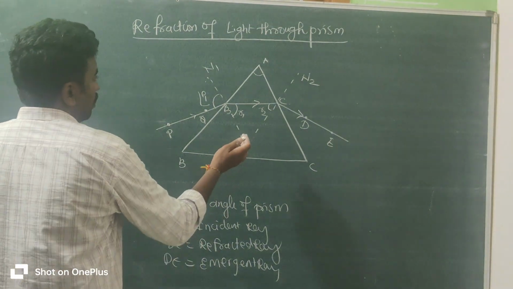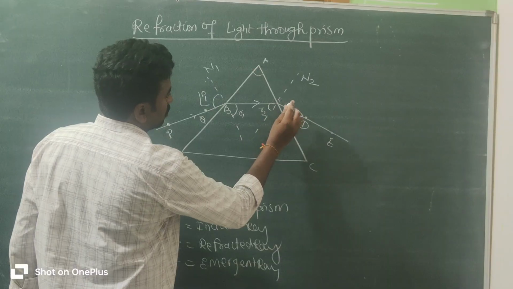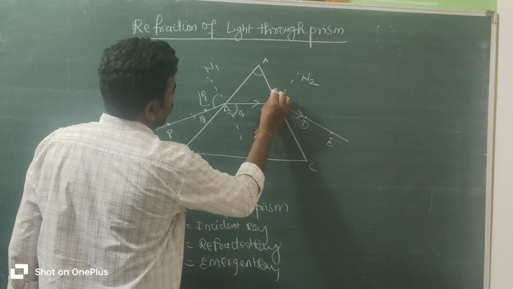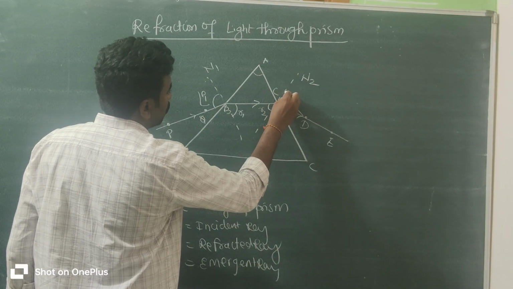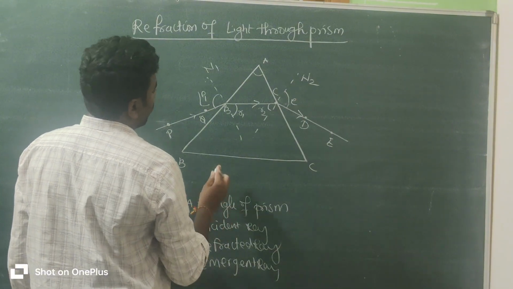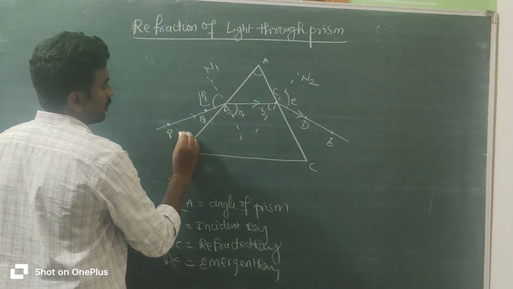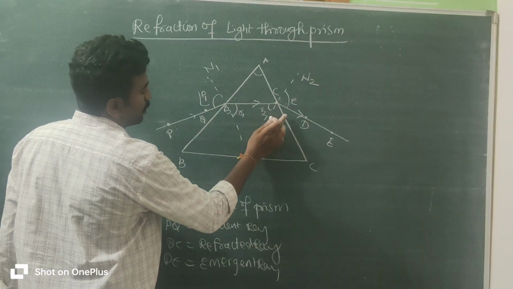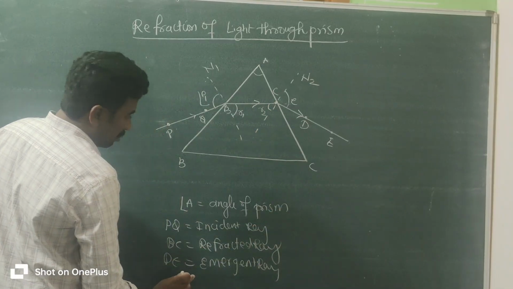This is point C, and the angle between the normal and the emergent ray is called the angle of emergence. This is the incident ray, this is the refracted ray, and DE is the emergent ray.